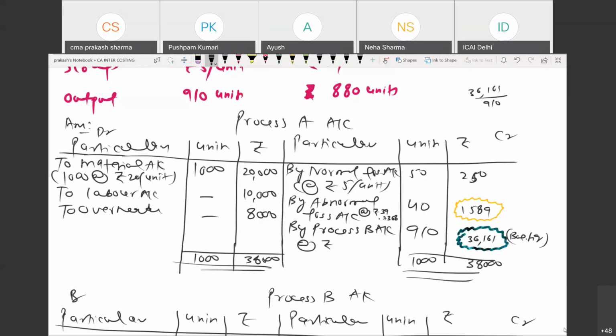It might fluctuate somehow because I have taken 1589 instead of 1589.47, so it is actually rupees 39.7373. In most cases, these two rates, the rate of valuing abnormal loss and the rate of valuing our final output, have to be the same.